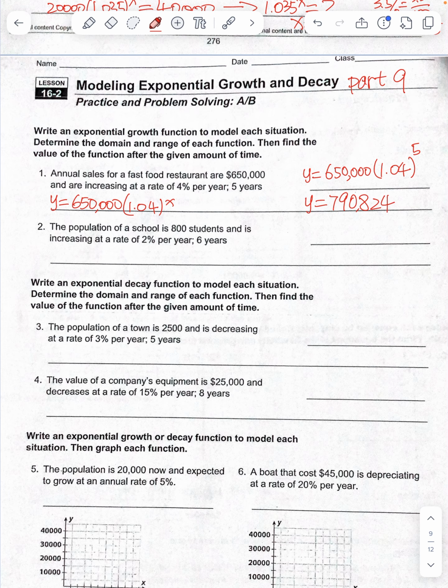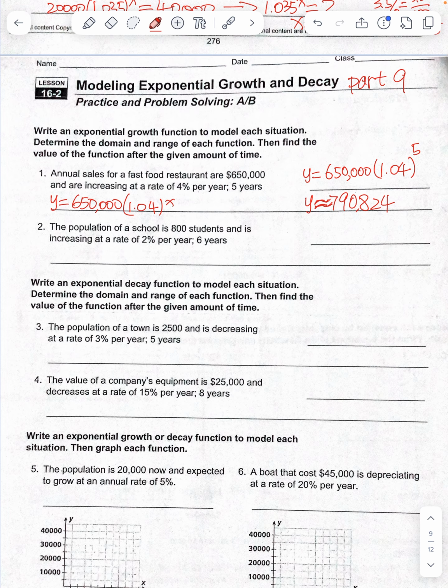Point something, 0.38, but we don't have half a person or a decimal, right? So this number has to be approximated to a whole number. 790,824 people after 5 years, if every year they grow 4%, right?